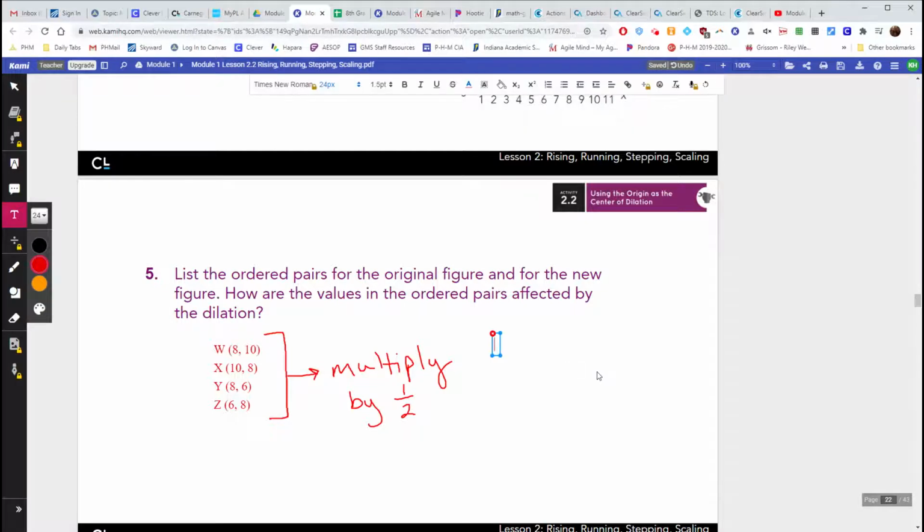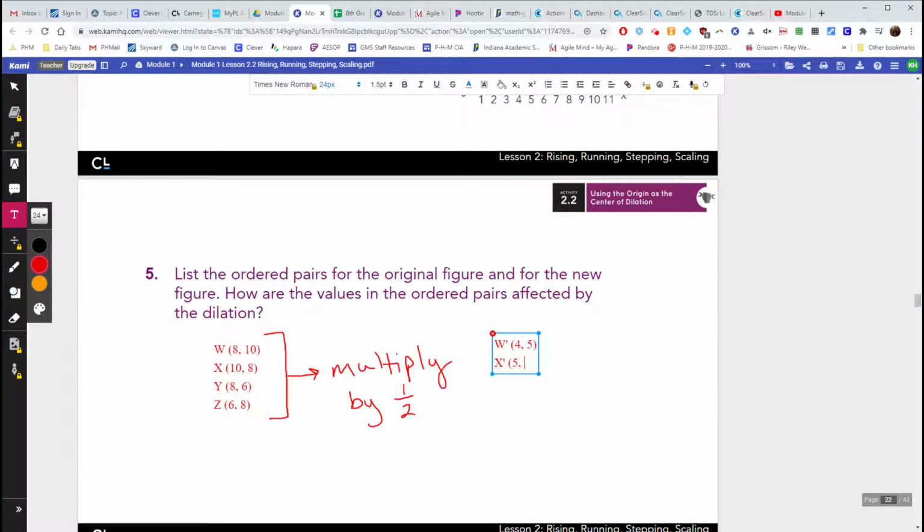So we're going to multiply by 1/2 and we're going to get the coordinates of the image. So we'll start with W prime. The x coordinate was 8. 8 times 1/2 is 4. Y coordinate 10 times 1/2 is 5. So W prime is going to be at 4, 5. X prime, do the same thing. X coordinate 10 times 1/2 is 5.